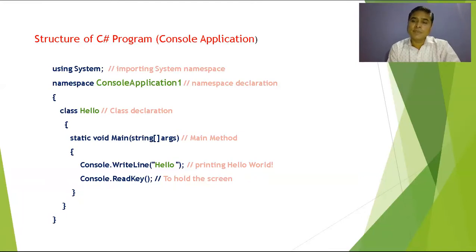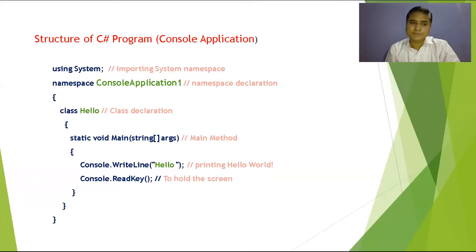In C and C++ we use the include keyword. In Java, import. In C# you use the using keyword. Whenever you want to import some library or namespace within your class or application program, you should use the using keyword.